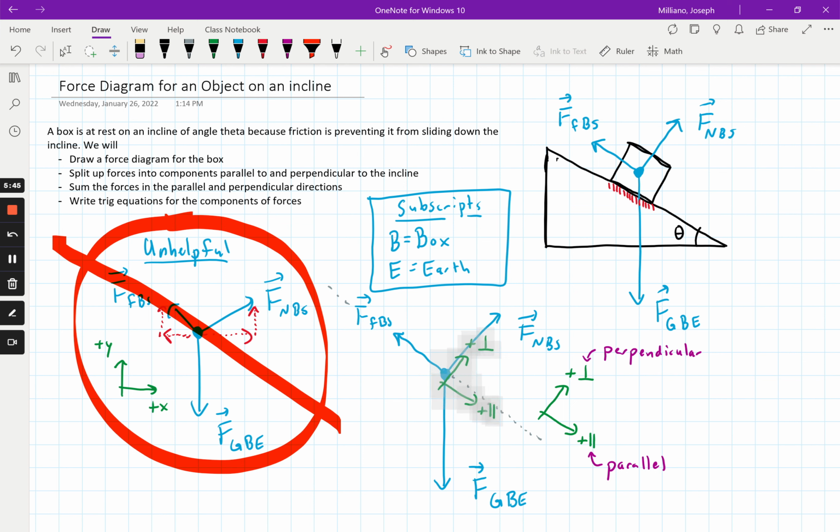Now, the weird thing here is that gravity will have a component, and so we'll need to break up that gravitational force into components that are perpendicular to and parallel to the incline. I'm going to start with the perpendicular component first for gravity, which will look like this, and then the parallel component of gravity, which will look like this.